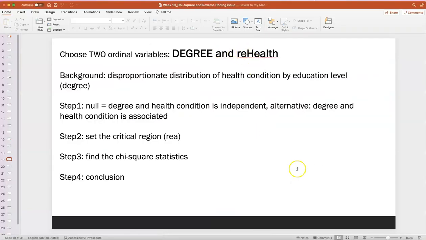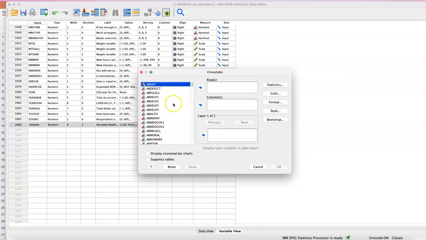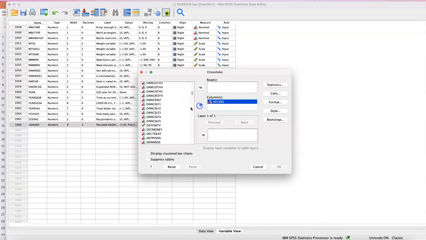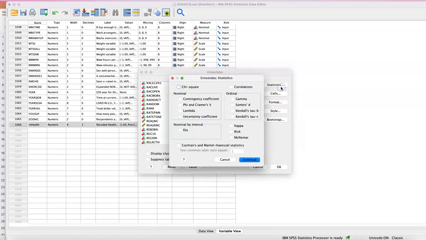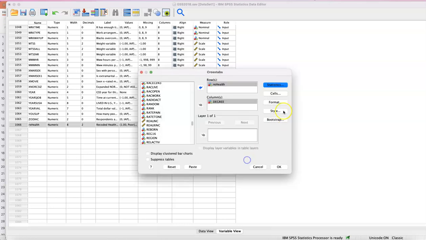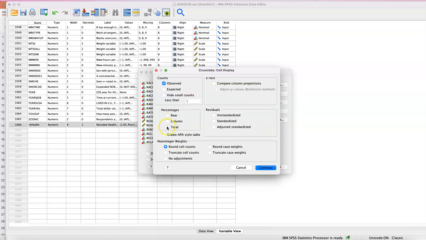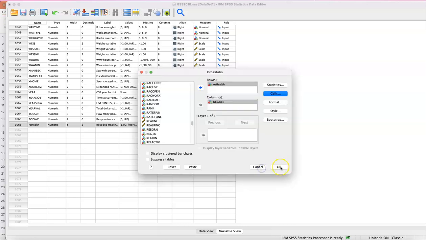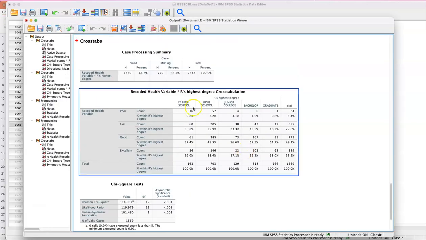Degree and our health condition. The degree is the column because this is the independent variable, and the recoded health condition is the dependent variable. For statistics, we are using chi-square and gamma. The cell is the column percentage. And okay, so we have that.